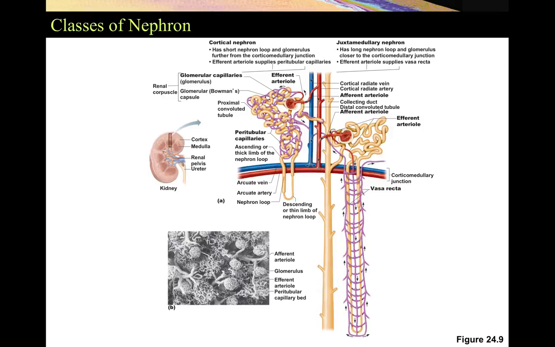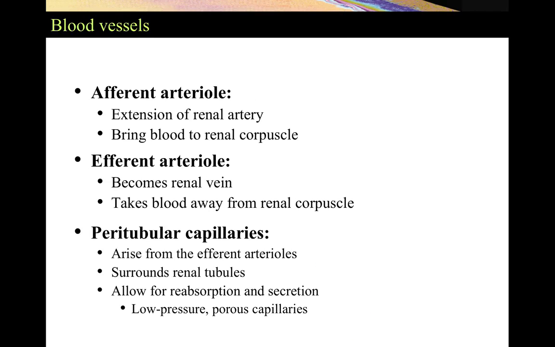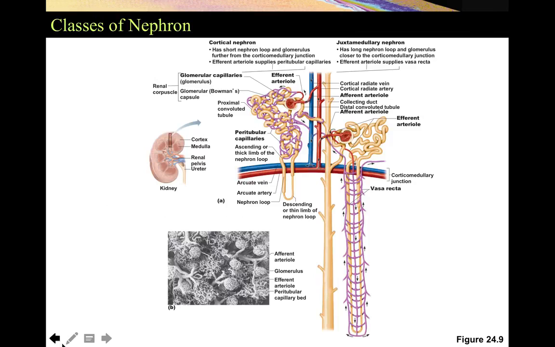So for that, you need blood vessels around the renal tubules. Those blood vessels are referred to as the peritubular capillaries. You see right here, peritubular capillaries, basically capillaries that are wrapped around the tubules. Or I can refer to them, and I'm sorry I'm going back and forth, but I have to show you something on a picture.